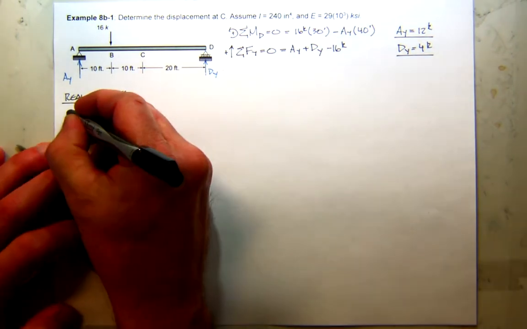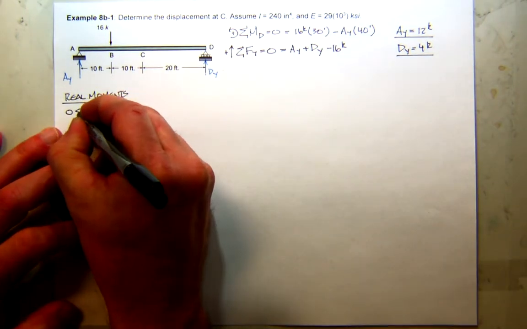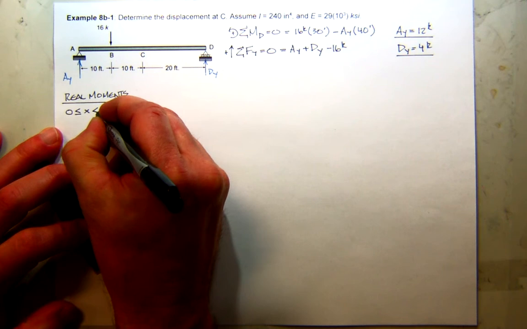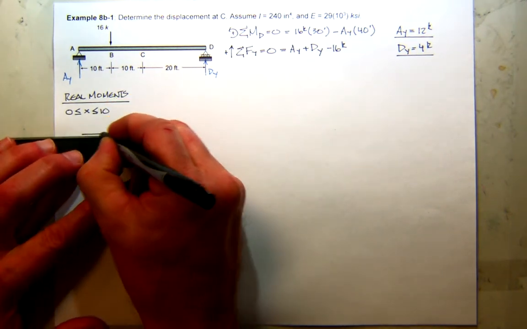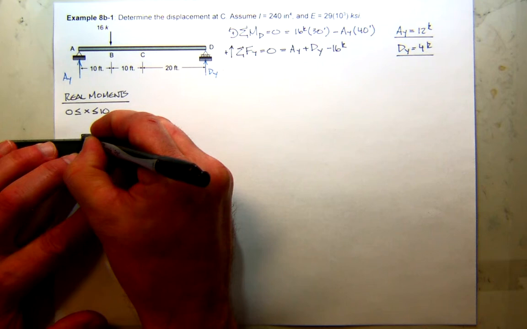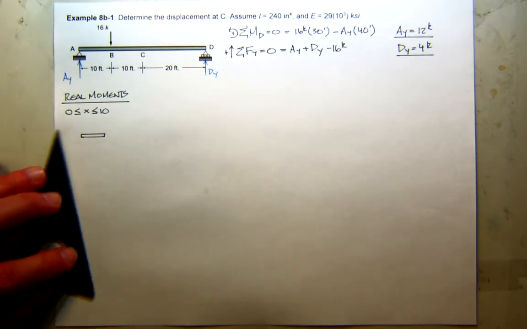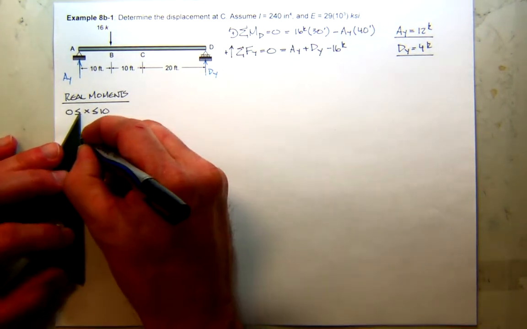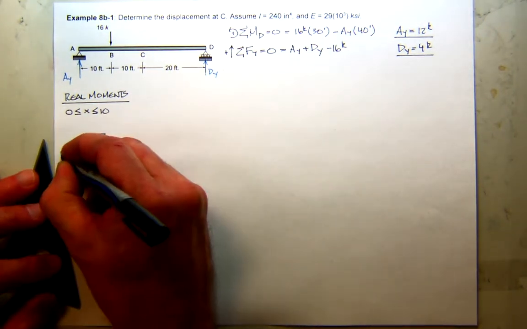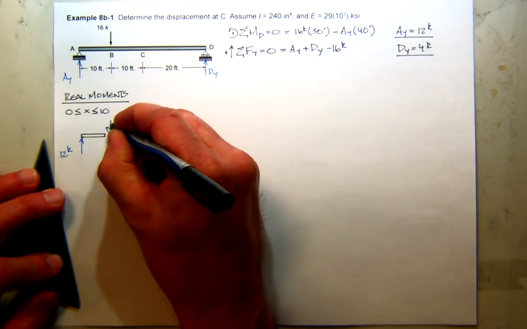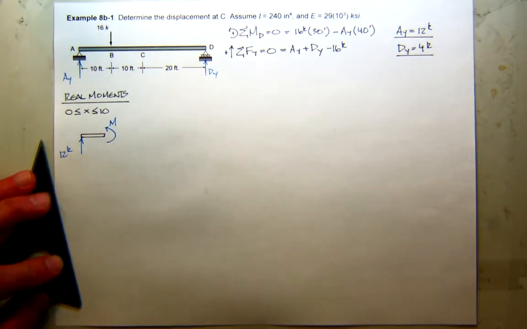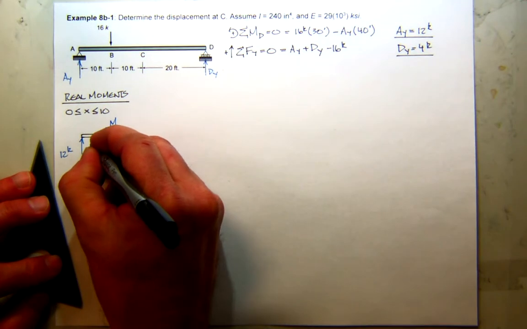So for my real moment, I'm looking for an expression that's going to be valid from 0 to 10. Looking at the left side, I have my reaction AY, which we solved for already, which was 12 kips. I'm only considering moment now, and I'm cutting it some distance x.